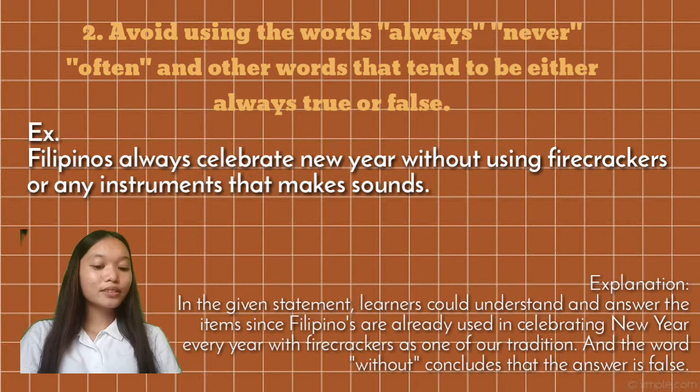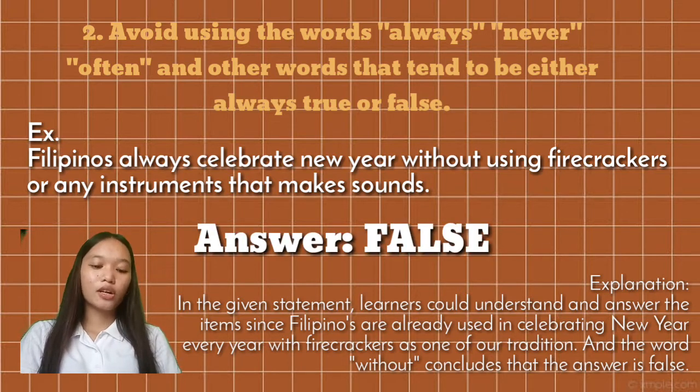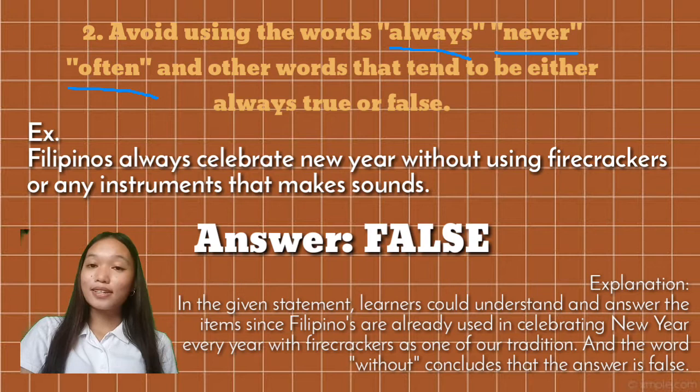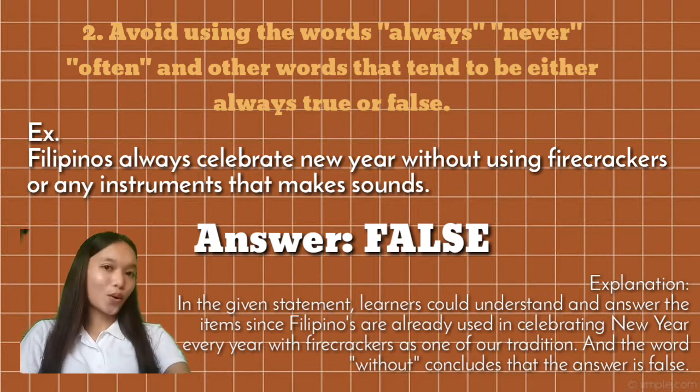In the statement, learners could understand and answer the item since Filipinos are already used to celebrating New Year every year with firecrackers as one of our traditions. The word without makes the answer false. So we've seen that we use always there in the statement. In the guidelines, always remember that statements using the words always, never, often tend to be false.